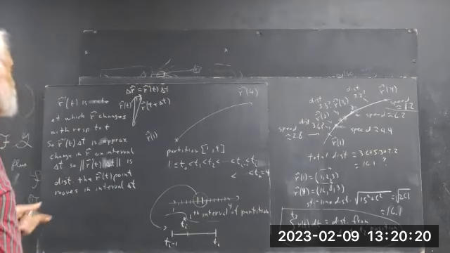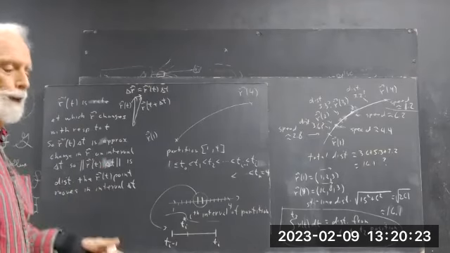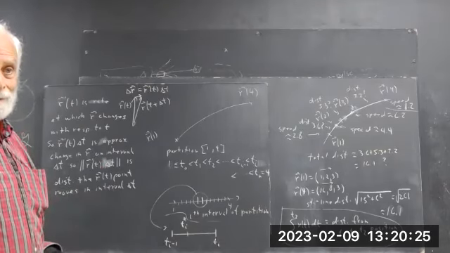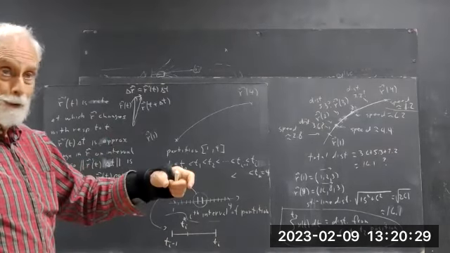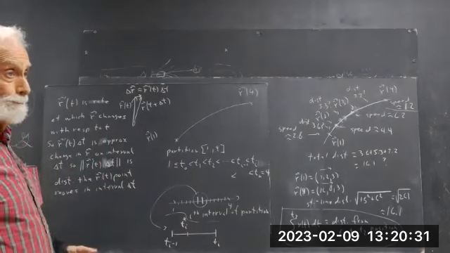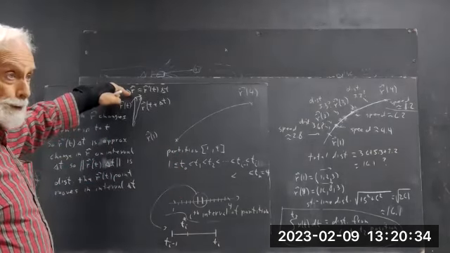And of course, R prime of T is defined by the difference quotient. It's a limit of R of T plus delta T minus R of T over delta T. Well, that's exactly what this picture is saying.